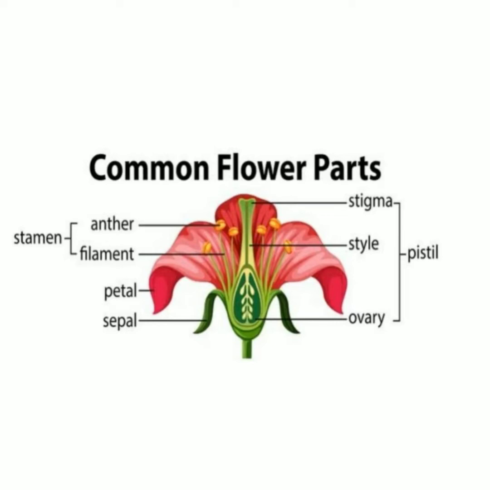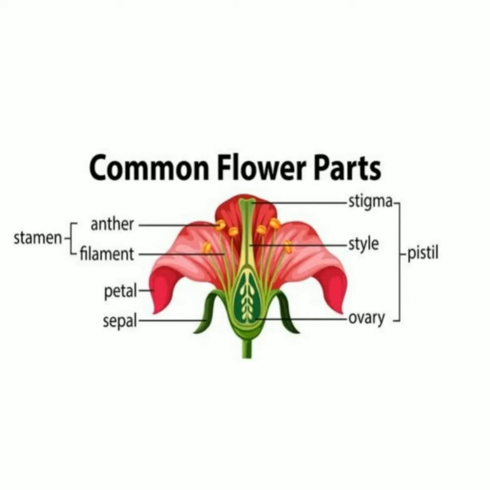What are the reproductive parts of a flower? Stamen and pistils are the reproductive part of the flower. Stamen is the male reproductive part of a flower. Look at the picture.